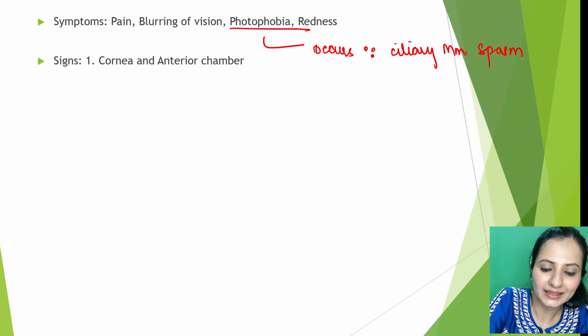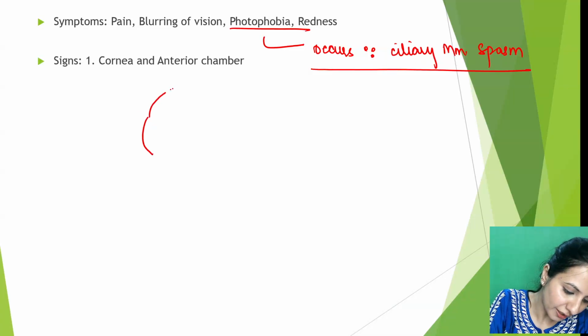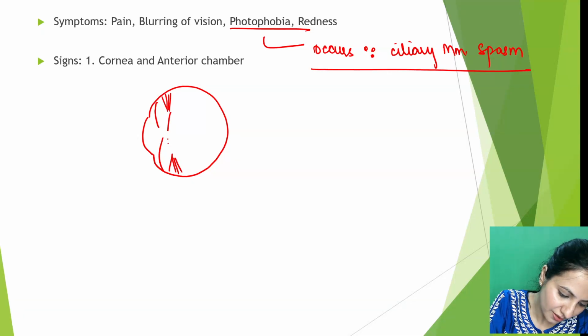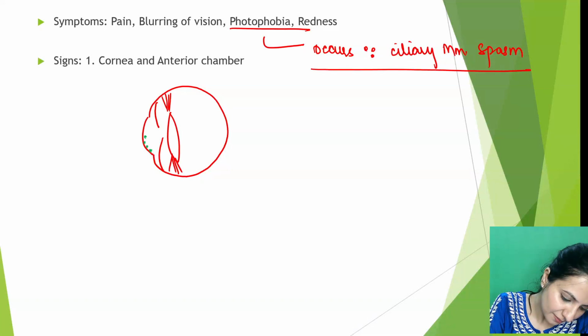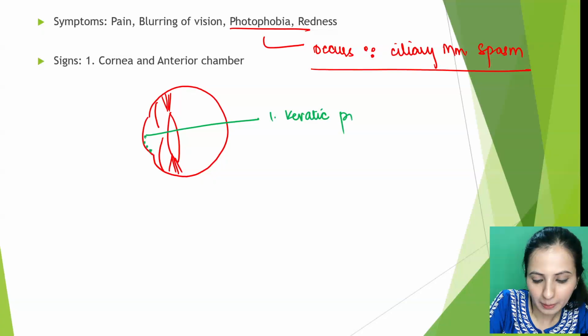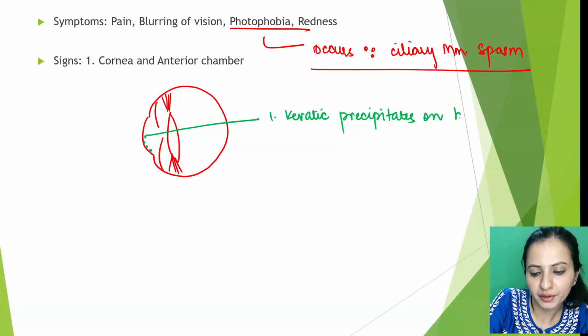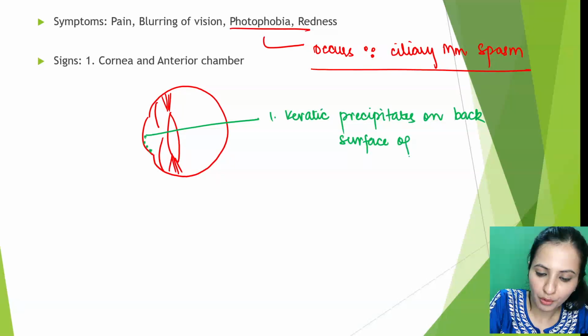Then if we look at the signs of anterior uveitis from anterior to posterior, this is your cornea and your iris. These are the ciliary zonules, and here you have the lens. So looking at the signs, firstly we have got KPs, which are the keratic precipitates on the surface of the cornea.